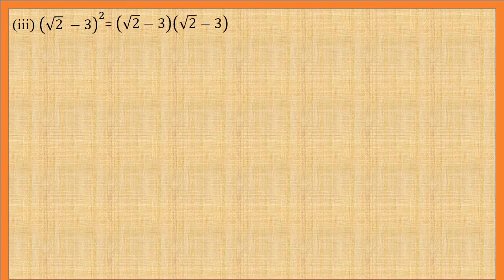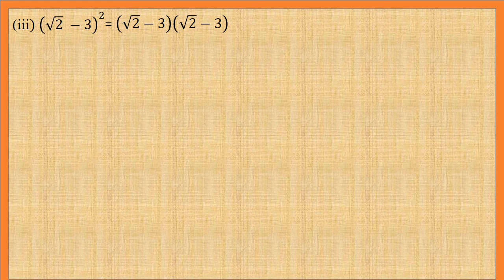For the third example, we have root of 2 minus 3 all squared. When we have a certain term squared, it means we should multiply that term by itself. So we are going to expand this as root of 2 minus 3 multiplied by root of 2 minus 3.